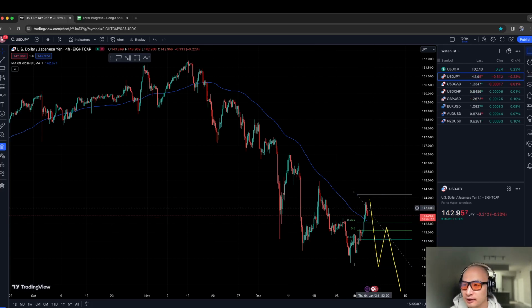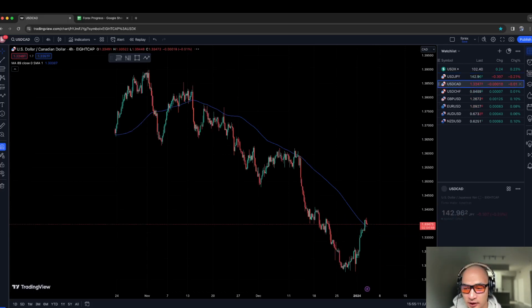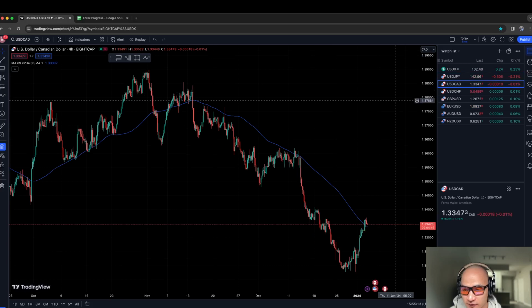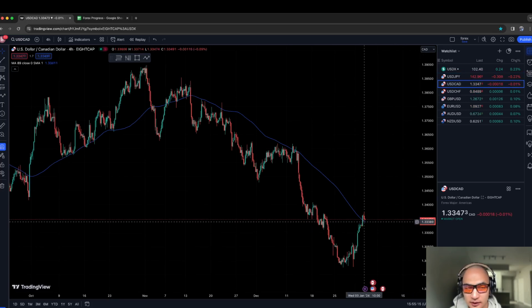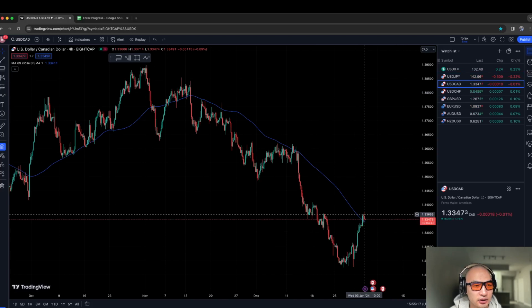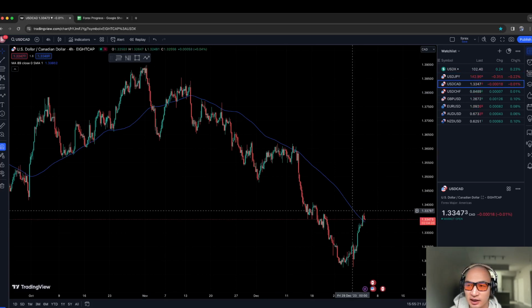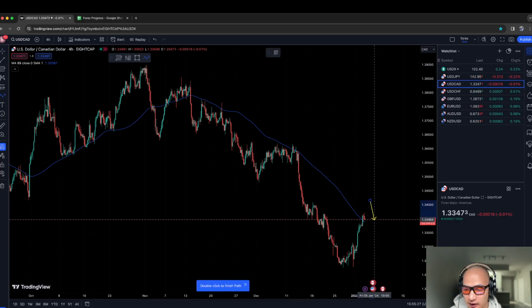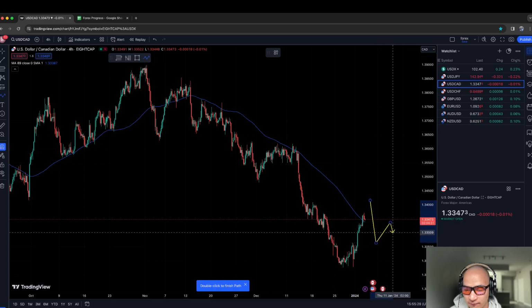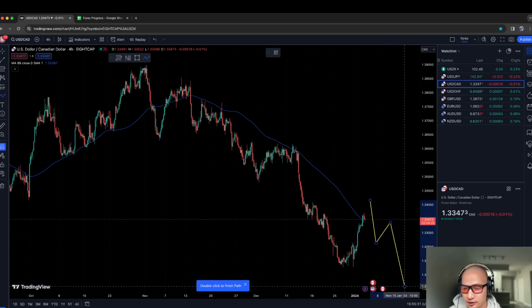Okay, now let's take a look at USD Canadian dollar. You see there are still a few candles, and this price action nicely matches the fact that the dollar index is faking out. So I also assume this price action for the next several days.